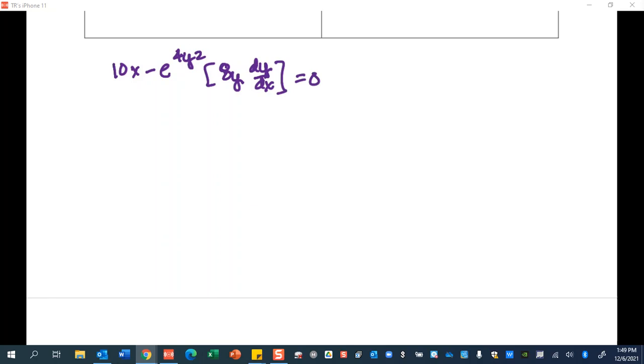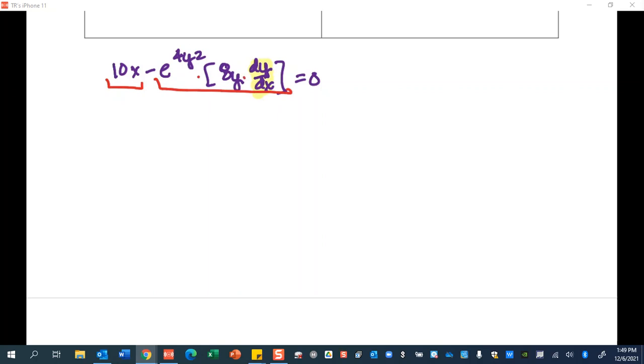Okay. So I want to get this by itself. So I have to kind of pick apart what it is that I'm looking at. So this is one term, and this is a second term. This is all multiplication. E to this power times this times that.